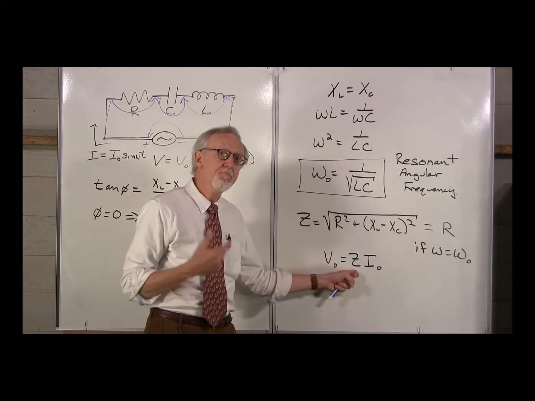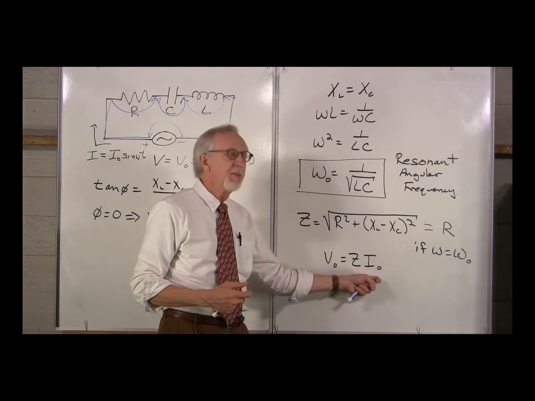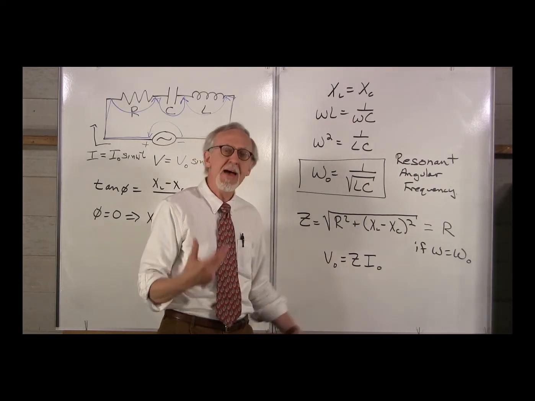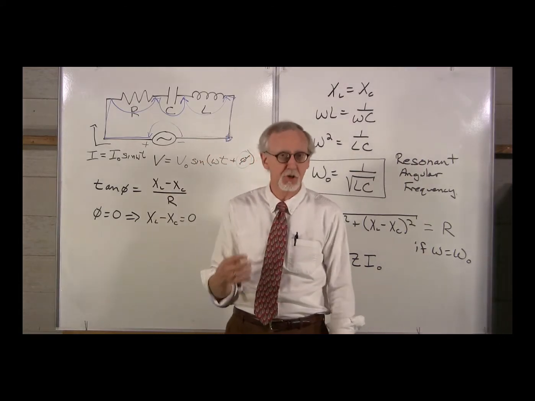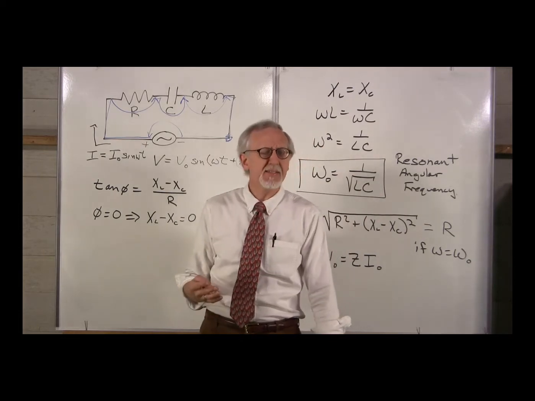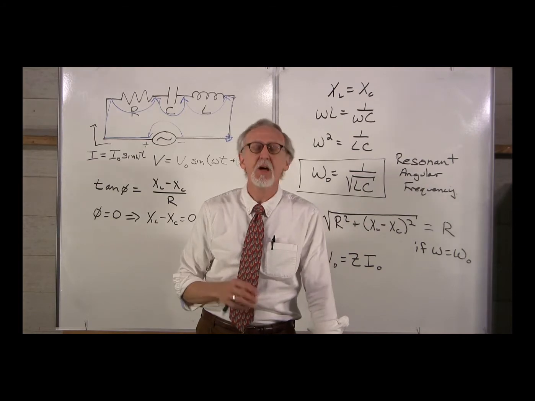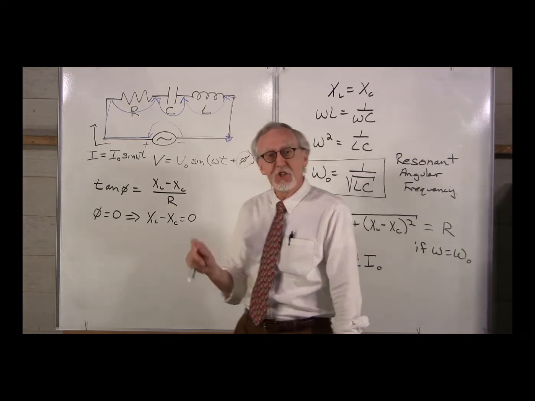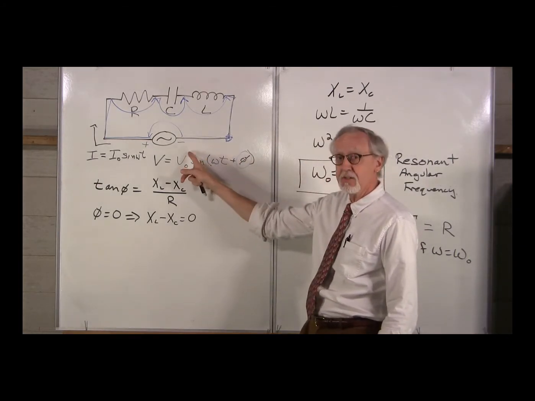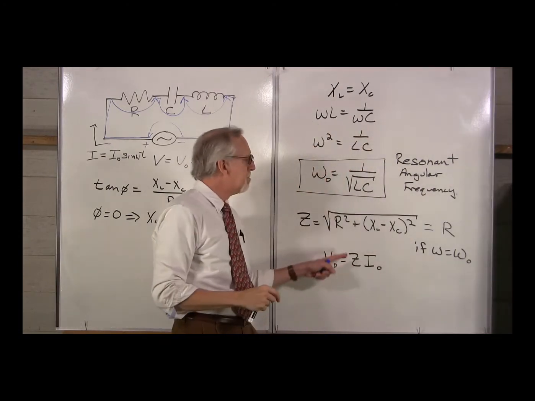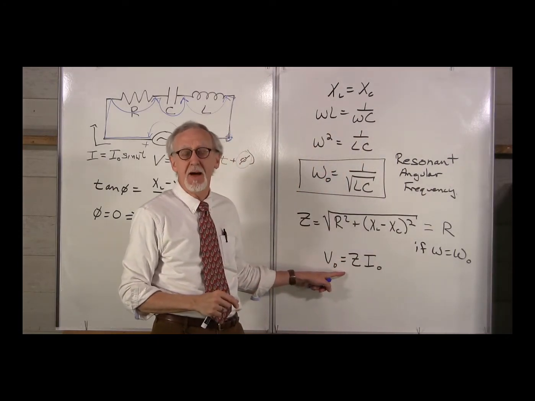And notice if we minimize the impedance, we maximize the current. We maximize the response of the circuit. What does that sound like? That sounds like something we talked about in 1111, resonance. By adjusting the frequency of our forcing function, we get the maximum response from our circuit.